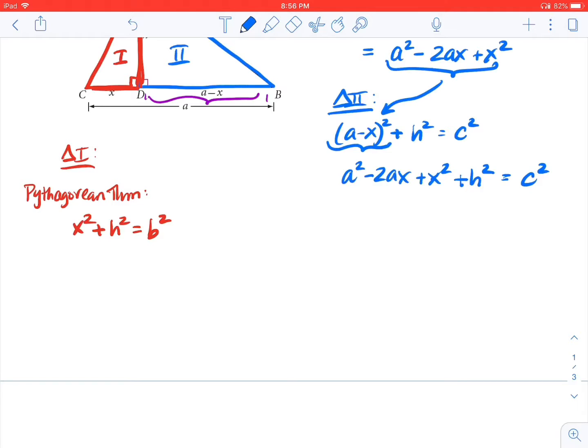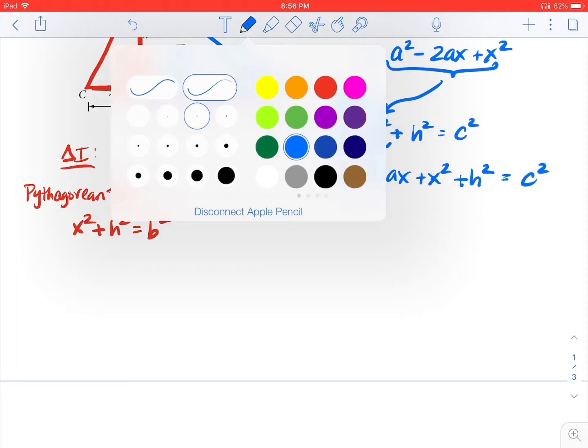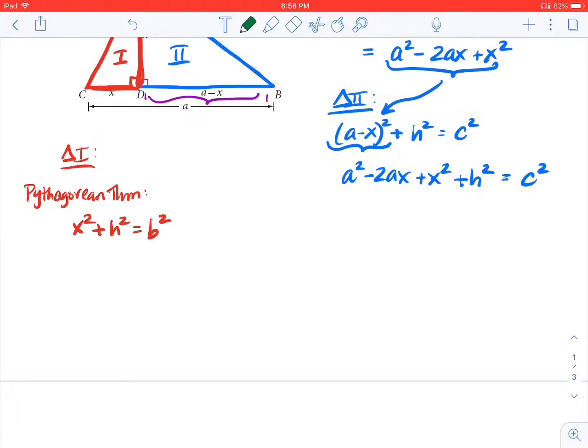From there, I can do a little reorganizing, and I want you to keep in mind that the substitution property says that if I have some expression that I can establish in one piece, and I see that expression in another piece of a different equation, I can take the other piece of the other part and substitute that in for wherever I see, for instance, x squared plus h squared. And that's what I'm going to do right now.